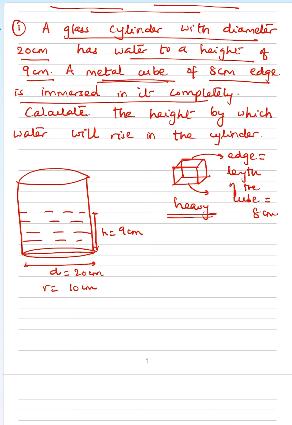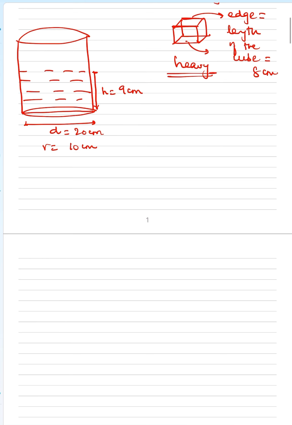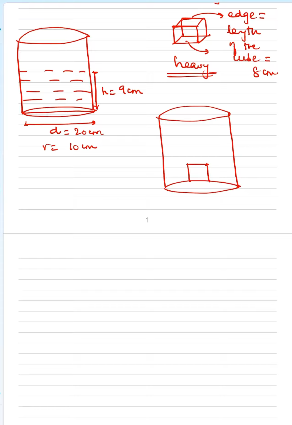So what we have to do is, when we place this cube in the cylinder, what will happen? Water is already present in the cylinder. Now this cube is placed in the cylinder. It will go to the bottom and settle down, because it is heavy.